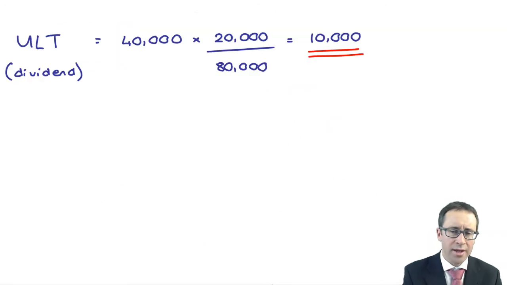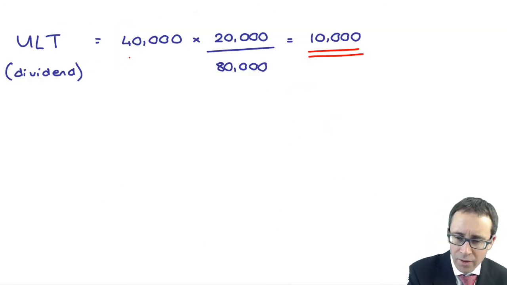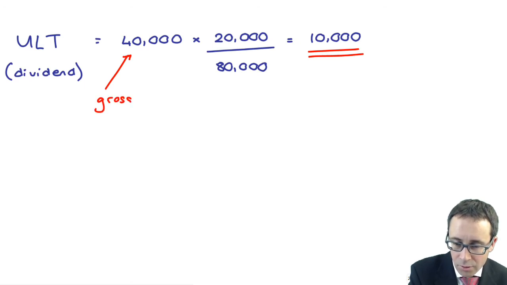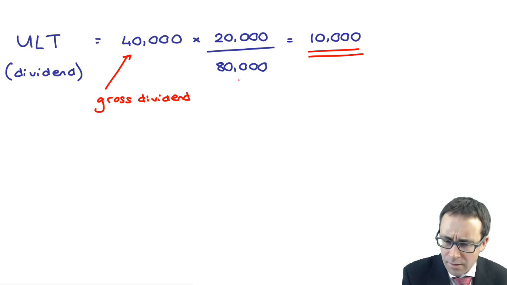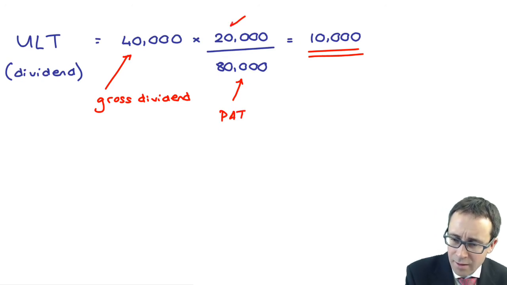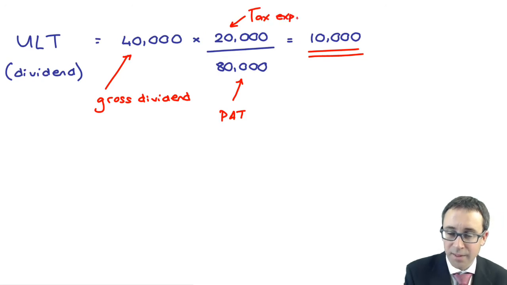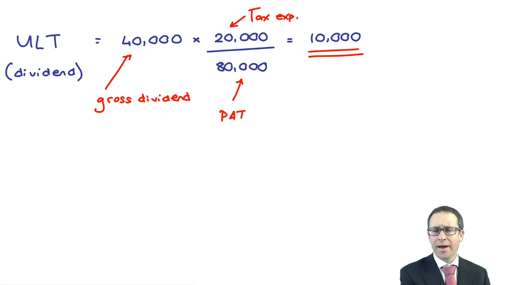If you wanted to learn this as a formula to work out the underlying tax, you take your gross dividend, multiply by the tax expense, and divide by the profit after tax. Okay, there we have it.